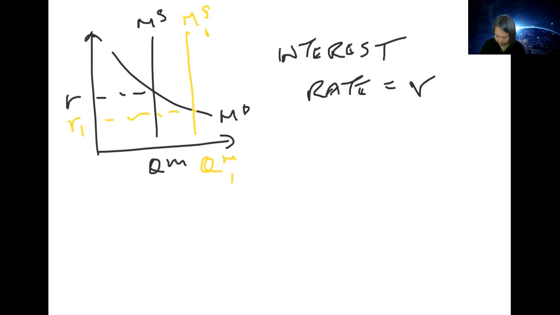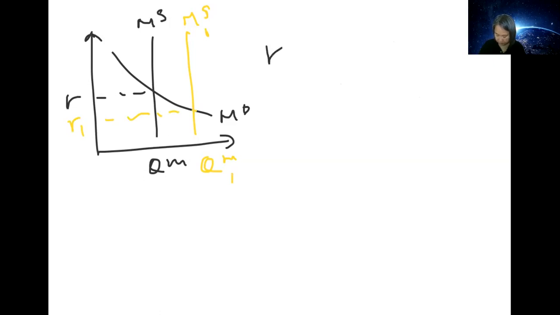When interest rate falls, you're going to see consumer spending, investment spending, and net exports all increase.